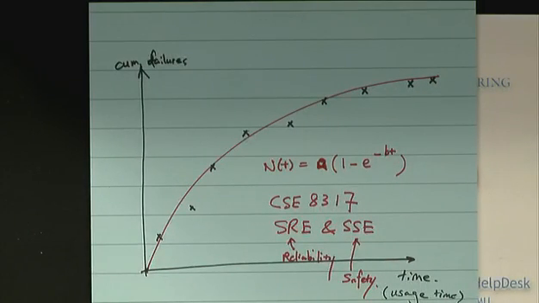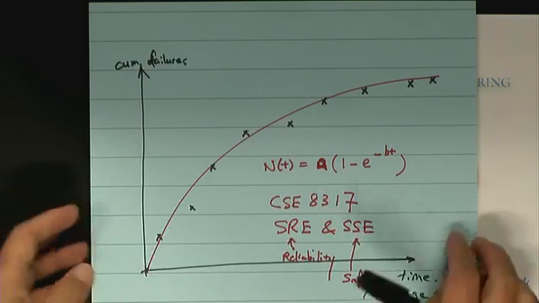That gives us the power to predict or forecast into the future, and that can help us say how reliable this product is. Is it ready for product release? If it's not, how much longer do I need to get to that level? Because I do have a curve now, I can do various calculations with it.